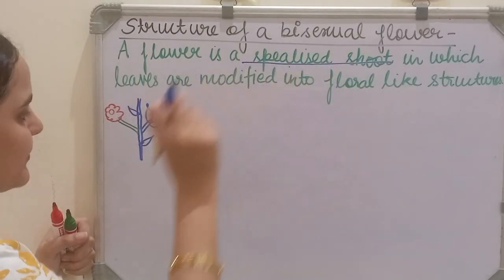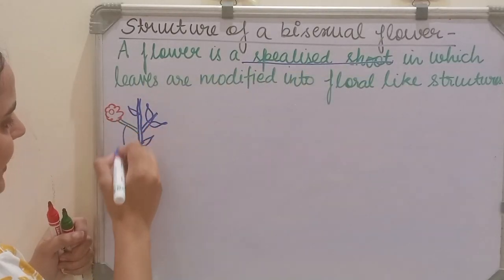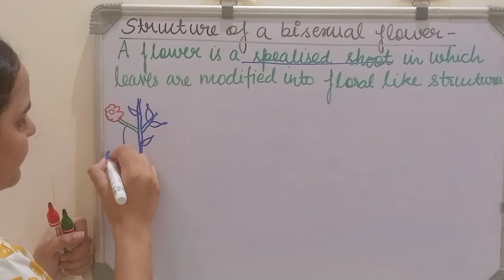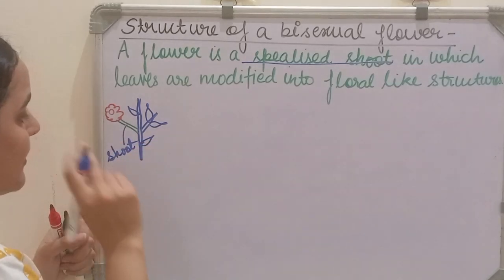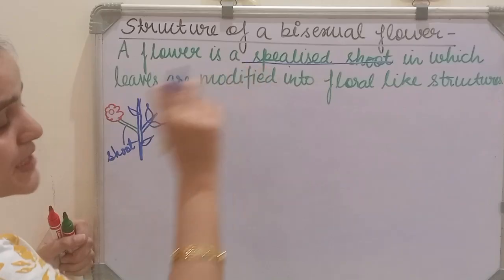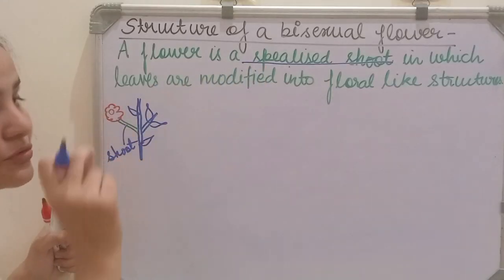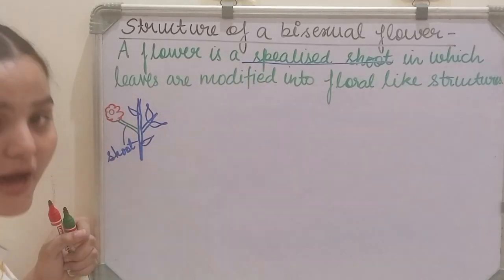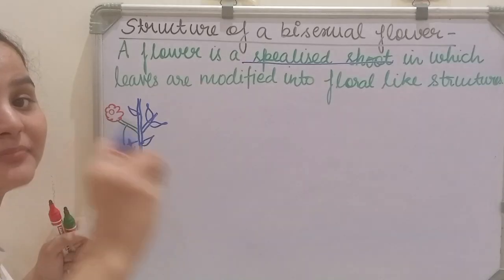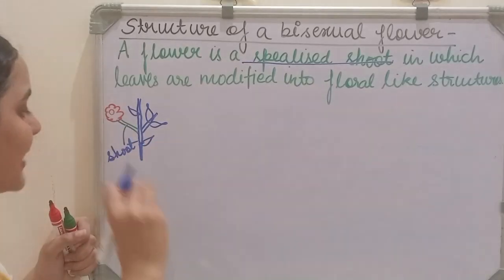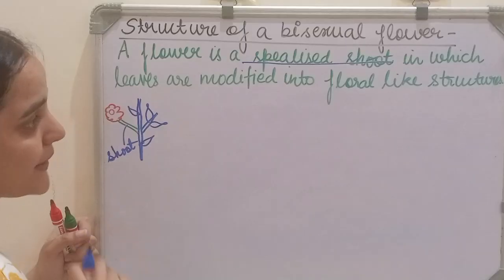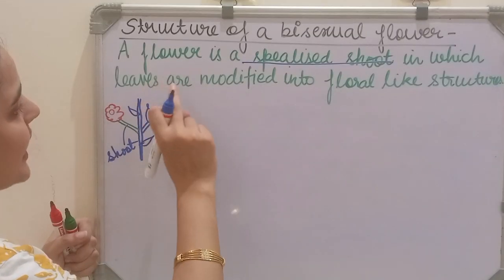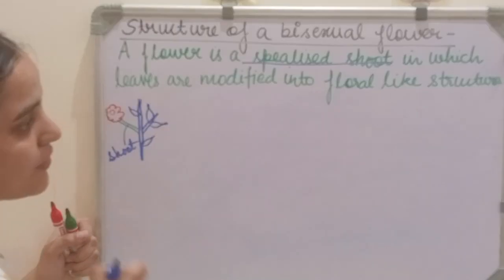So in case of flower, suppose this branch is a kind of a shoot. It is called specialized because this shoot is giving rise to a flower, and that flower is meant for reproduction. That is why we are calling it a specialized shoot, in which leaves are modified into floral like structures.